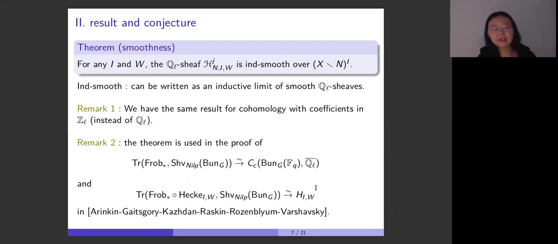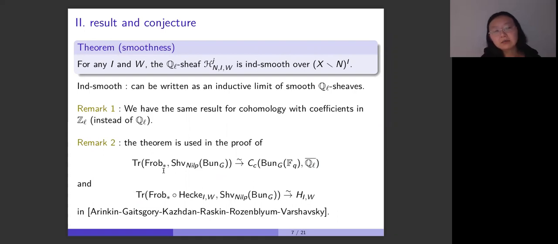All the categories are derived categories, and all the stacks are derived stacks. To have a connection between this categorical conjecture and the classical Langlands conjecture for function fields, they have the result that when you apply the trace of Frobenius on their categorical conjecture, you get the classical conjecture for automorphic forms.